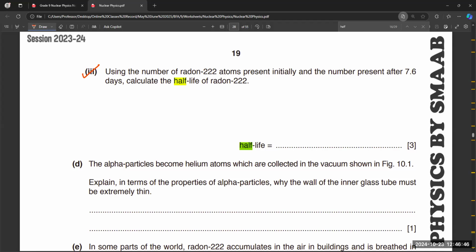Okay. So we have another part of half-life. The question is, using the number of radon 222 atoms present initially and the number present after 7.6 days, calculate the half-life of radon. Basically, it is the third part of the question, so we need to check values from the previous part.